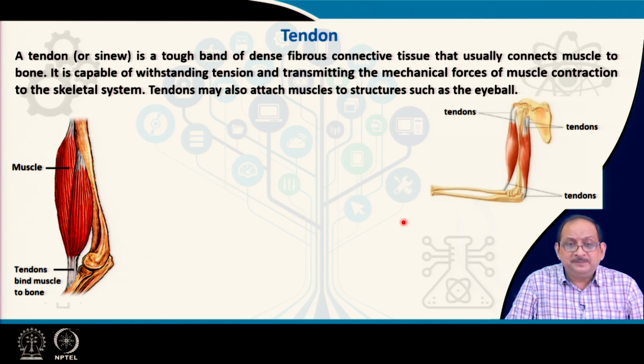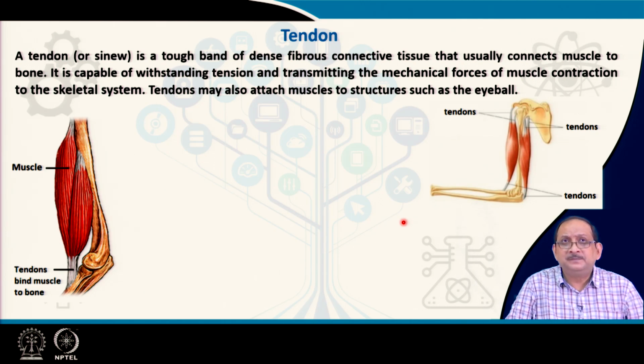A tendon is a tough band of dense fibrous connective tissue that usually connects muscle to bone.